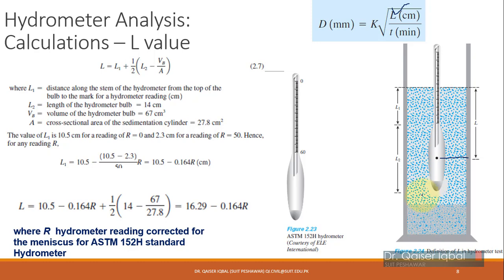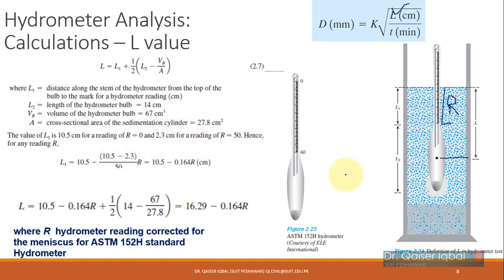Some of the particles have settled, some are still suspended. This length, usually represented as L over here, will be the total immersion length, while this length will be known as the hydrometer reading, or R, commonly known as L1 over here.